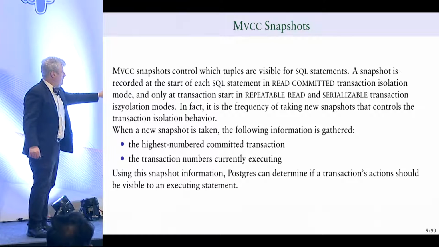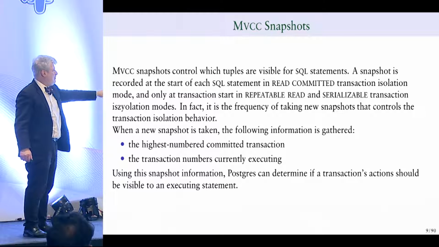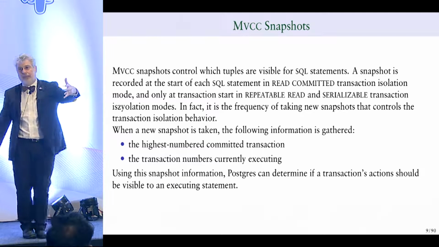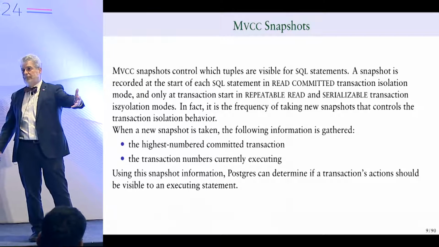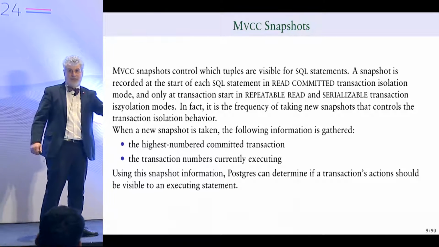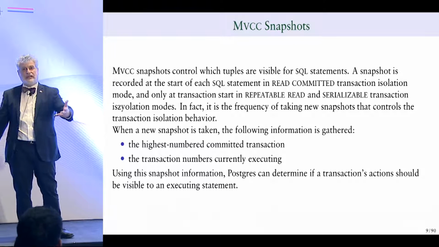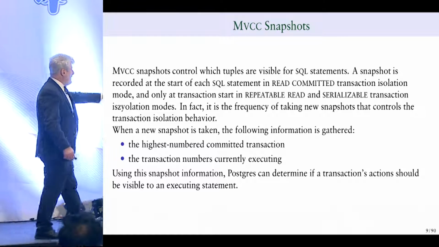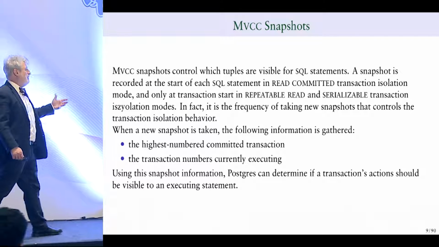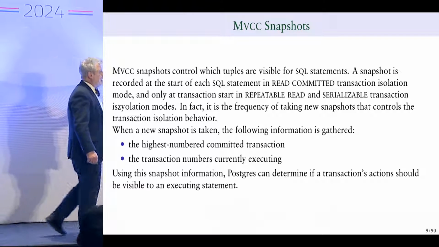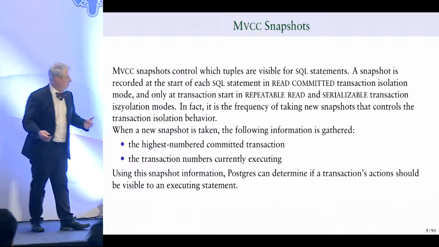We record the highest numbered committed transaction, and we record all of the transactions that are currently running, because a currently running transaction is not committed, and therefore we assume it's not active for us. We can't see the effects of a transaction that was running when we took our snapshot, okay? So using the snapshot information, Postgres can determine if a transaction should or should not be visible to an executing statement, and that's really the question, all right?